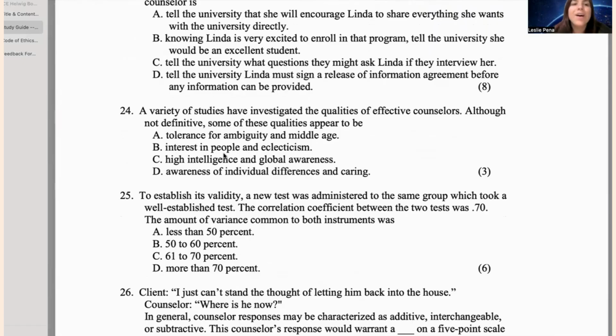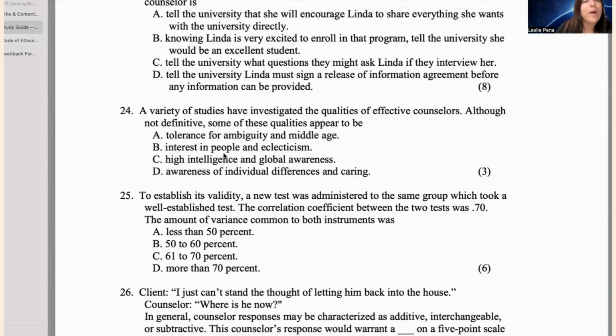24. A variety of studies have investigated the qualities of effective counselors. Although not definitive, some of these qualities appear to be what? So if you're going to counseling, you're likely going because you really want to be heard. You really want to be understood. And of course, every single person wants to be cared about.